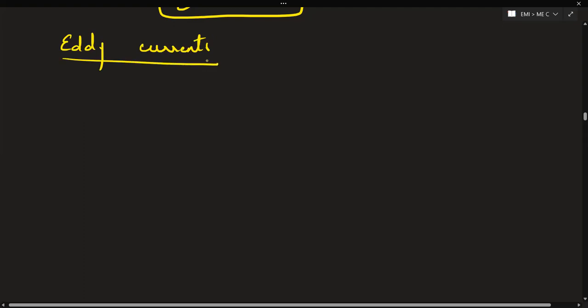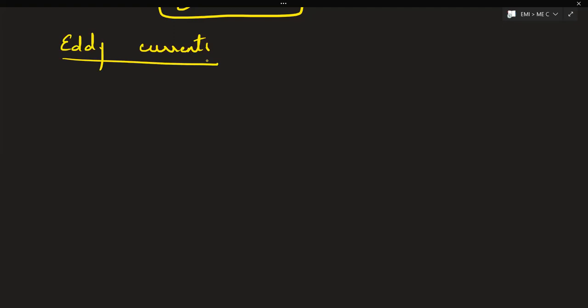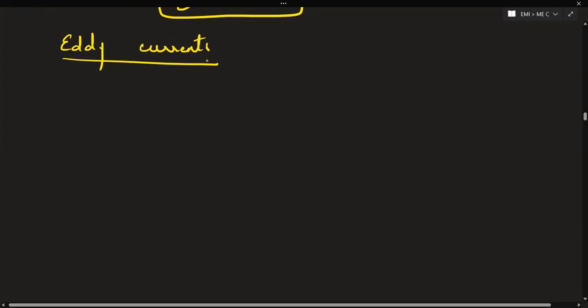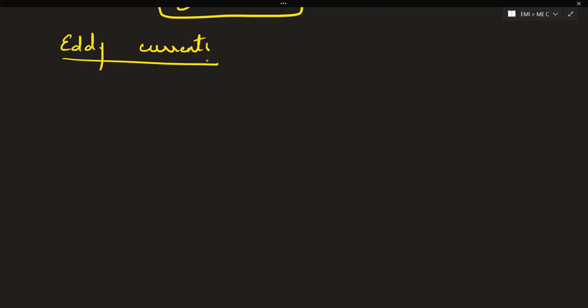Now, in case of eddy current, EMF we have studied, currents we have studied, and we have also studied that whenever magnetic flux linked with the coil changes, EMF was induced, current was also induced.